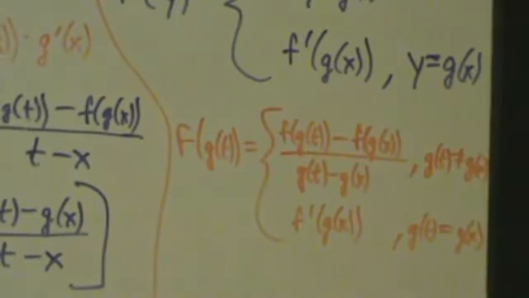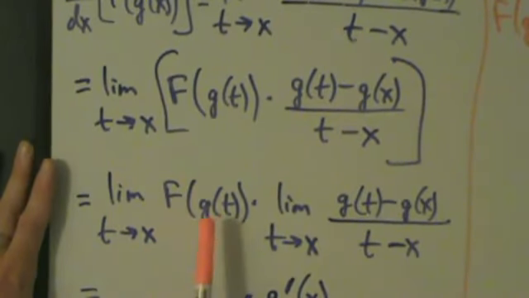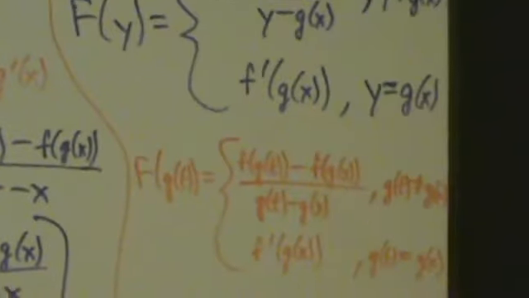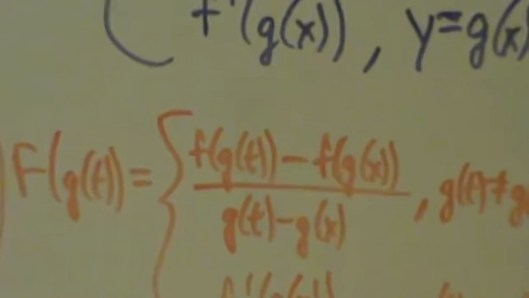So what we actually want to look at is the limit as t approaches x of big F of g of t. Let's look at each of these pieces and see what happens.